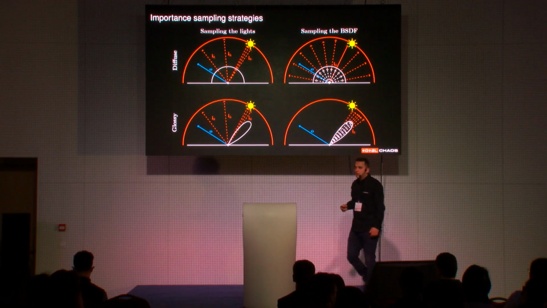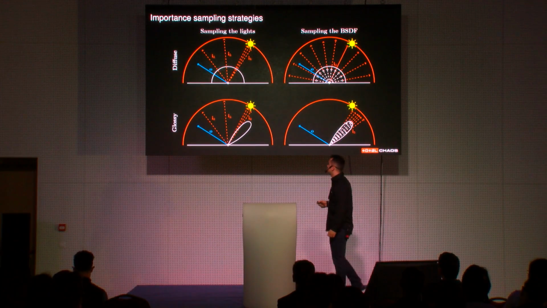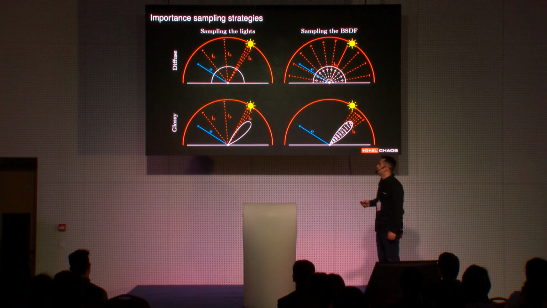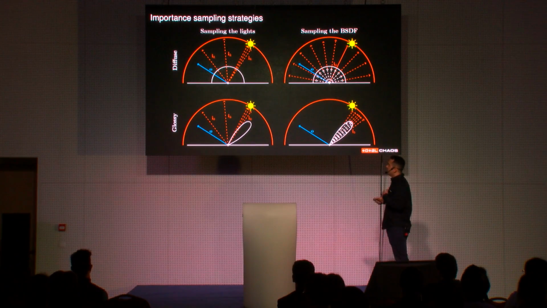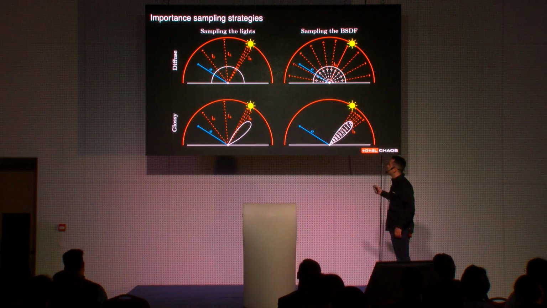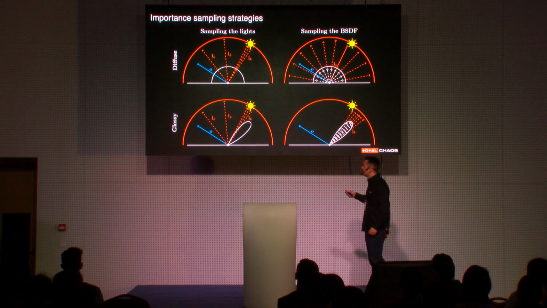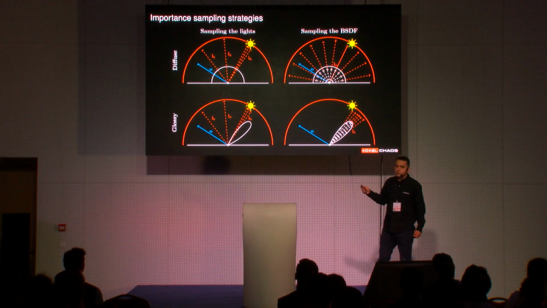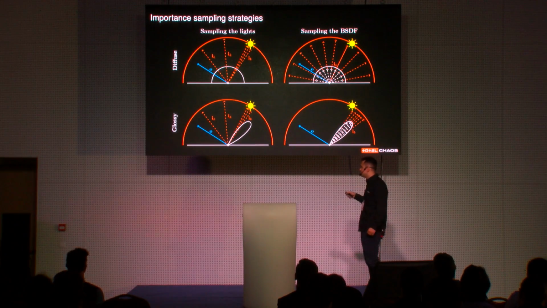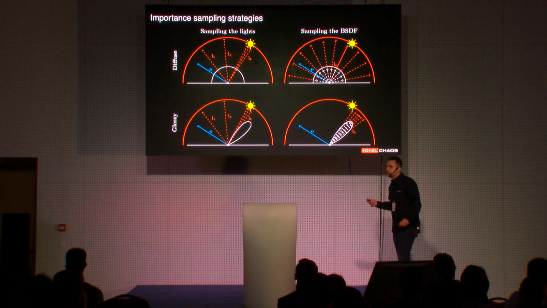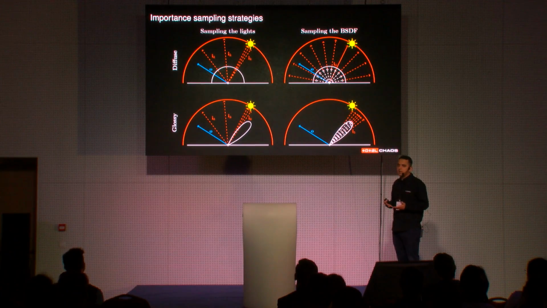Next, I want to tell you the importance of using different strategies when sampling such integrals. In all of these 4 cases, we have a surface, we have a point, and we have 2 different materials. On the first row, we have a diffuse material, and on the second row, we have a glossy material, which can reflect light only to a certain direction.